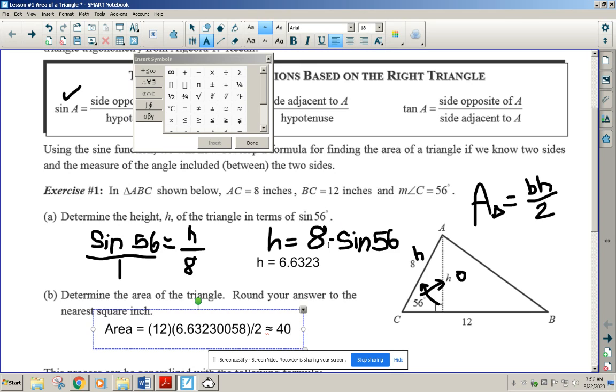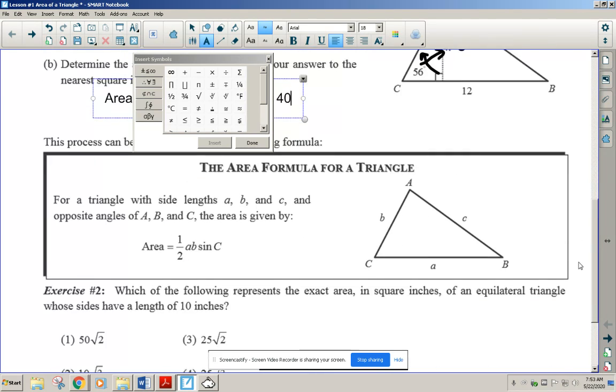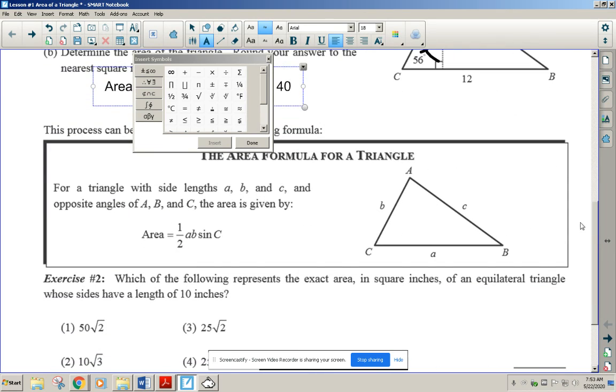So the height comes from the sine because opposite to the hypotenuse. You have to have the angle that's included between the two sides that they give you in a problem. So instead of doing the sine by itself, you can just write the formula as there's the 1/2, there's the two sides of the triangle, and there's the sine of the included angle, because again, let me go back to my little pen.